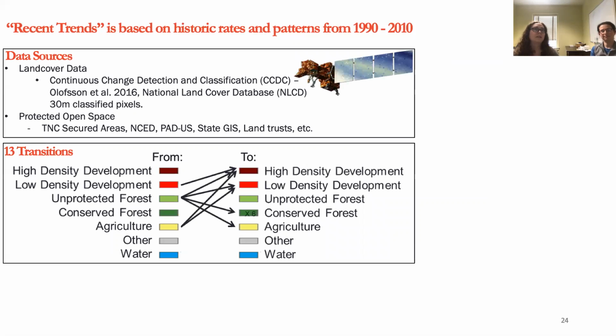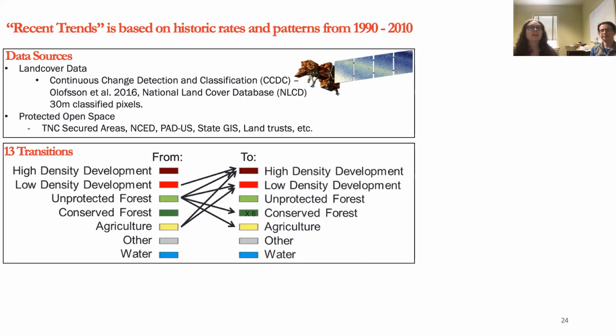They specifically looked at 13 kinds of transitions: low to high density development, unprotected forest to some kind of development or some kind of conservation or agriculture, or the conversion of farmland into development. Those are the changes that we looked for in the past, and those are the only kinds of changes that can happen in the NELF Explorer.